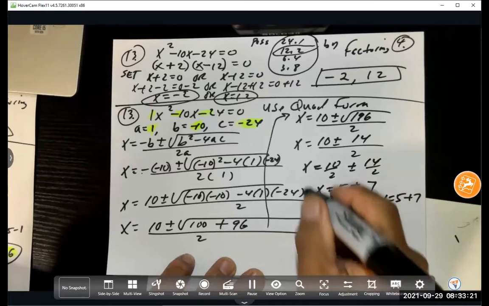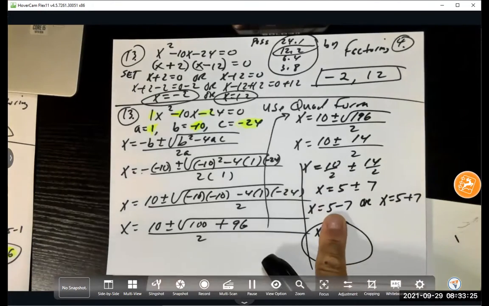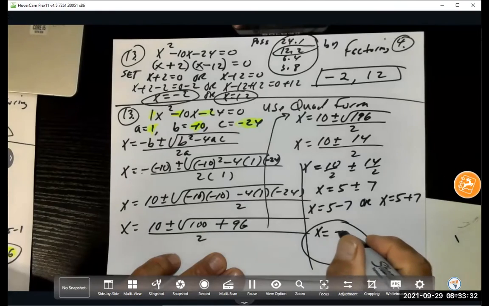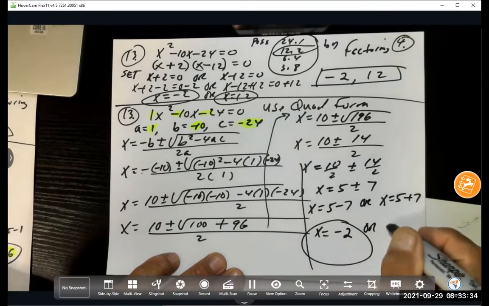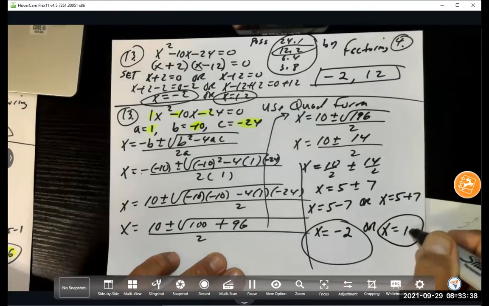Let's do this one here. What's that going to be? Minus 7 is negative 2. Yes. And over here, what's this going to be? It'll be 12. Yes, 12.